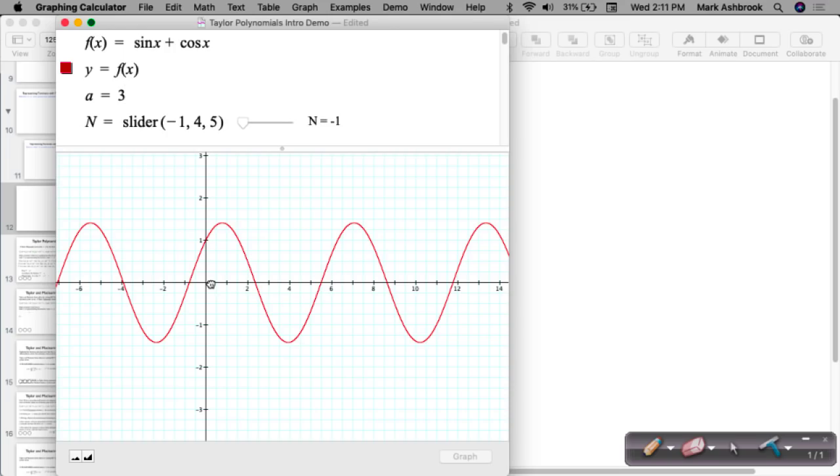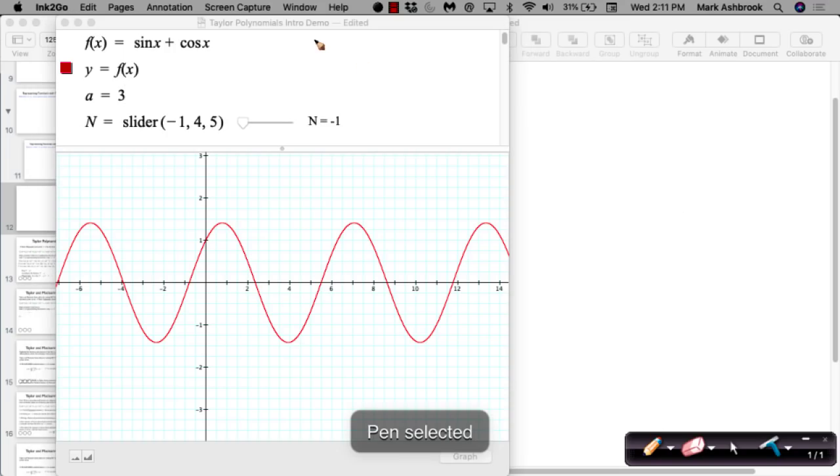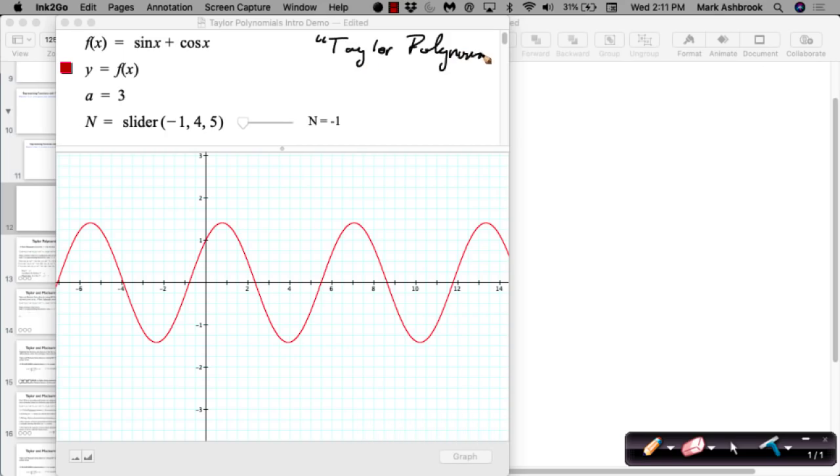The idea of what's called a Taylor polynomial is it's a polynomial that will try to replicate or approximate this graph around a center point. So this is what we call the center.